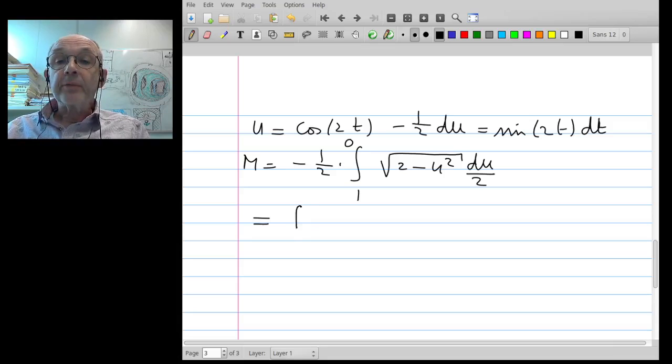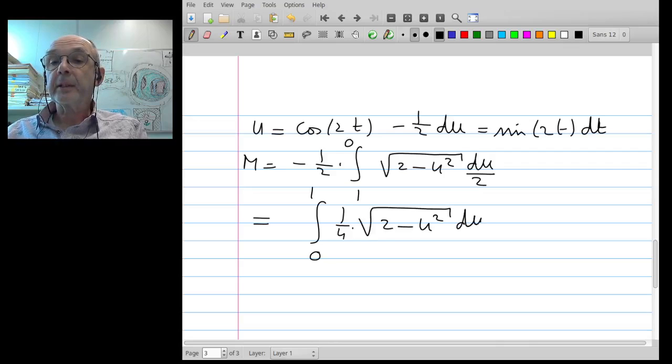We have then the integral. If we change from 0 to 1, we have also a minus sign, and so we have 1 over 4 times the integral of 2 minus u squared du.